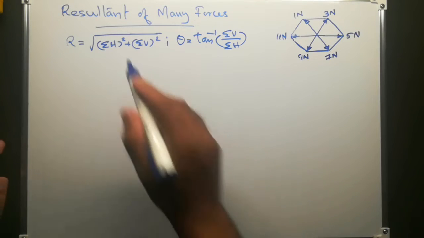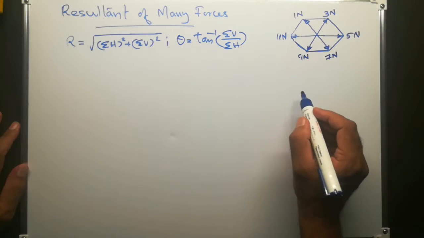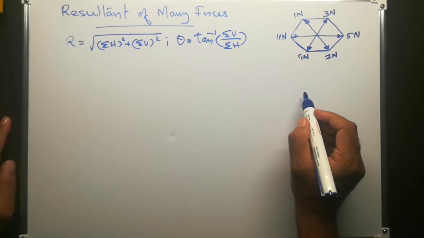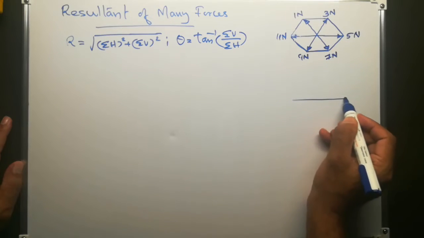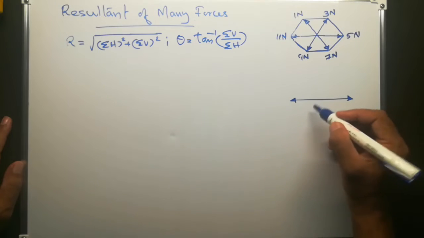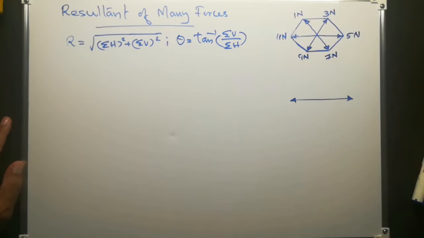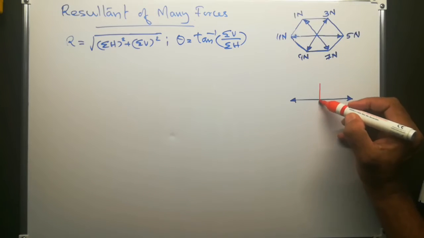To find the horizontal and vertical components, we will draw these forces as a vector diagram like this. So this is the horizontal force, and I will draw the vertical axis like this.